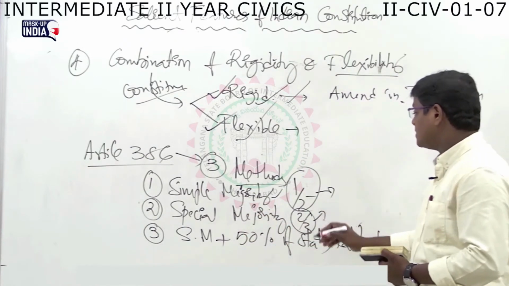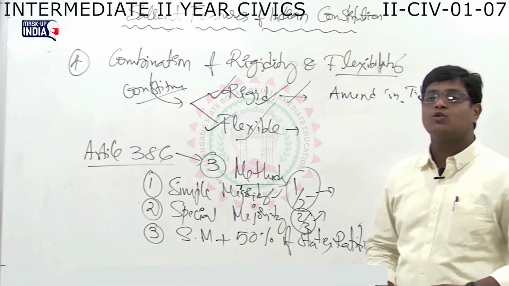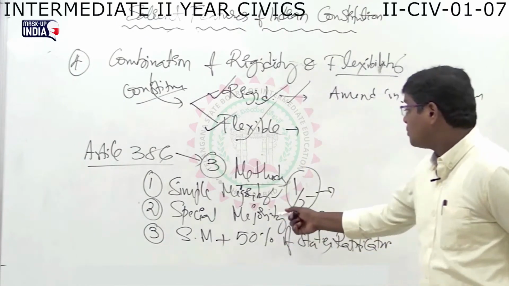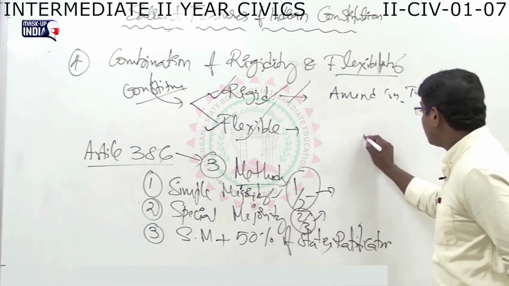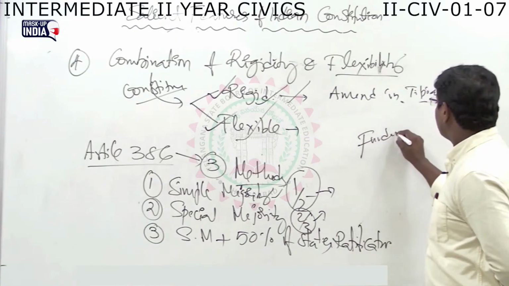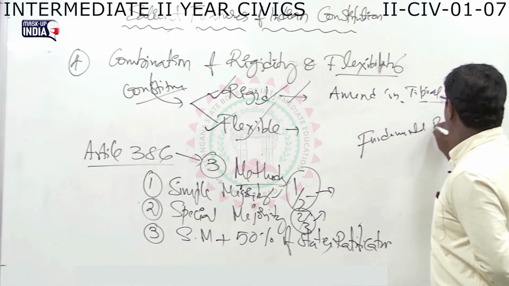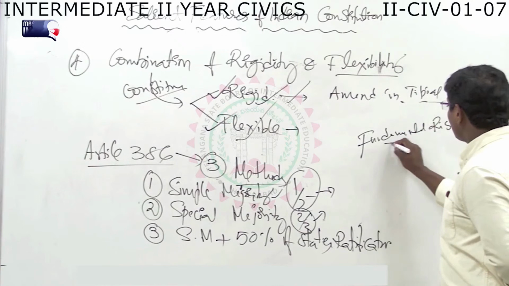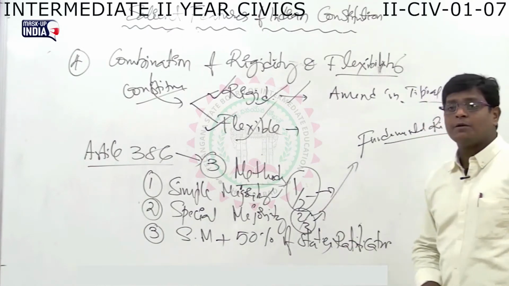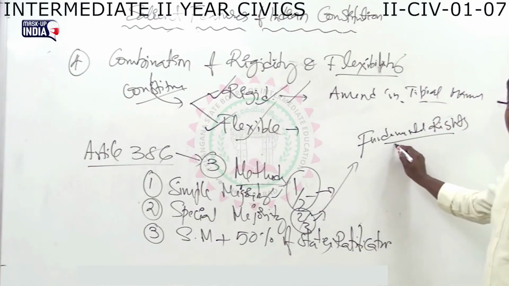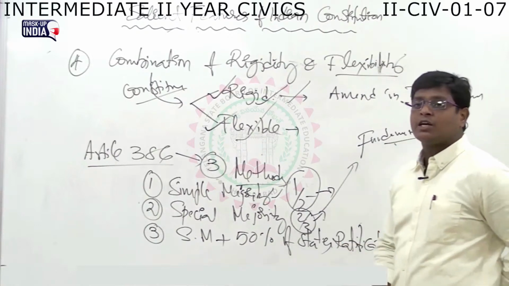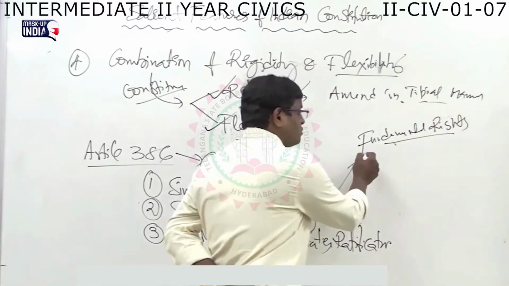Here 2/3 majority. What are the important provisions to amend under special majority? Fundamental rights. Fundamental rights also come under 2/3 majority. That means while amending the fundamental rights, it requires 2/3 majority.